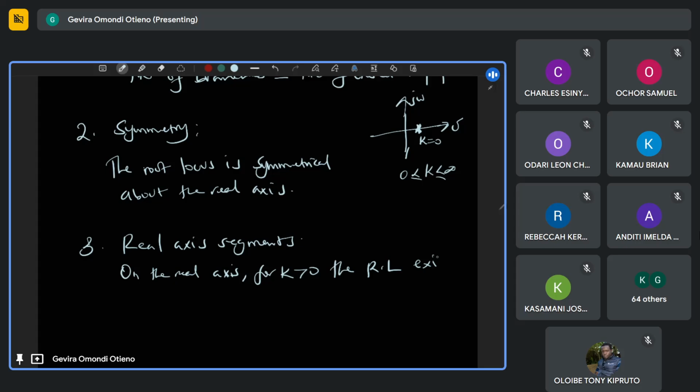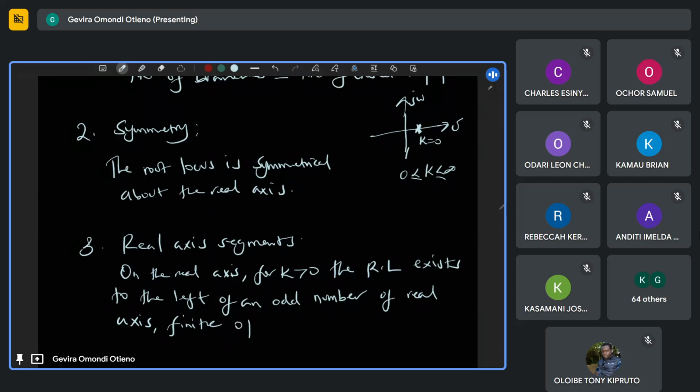The root locus exists to the left of an odd number. Please remember this, ladies and gentlemen, of real axis, not imaginary axis, of real axis and finite open loop poles.